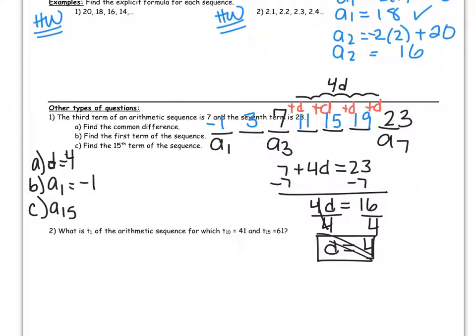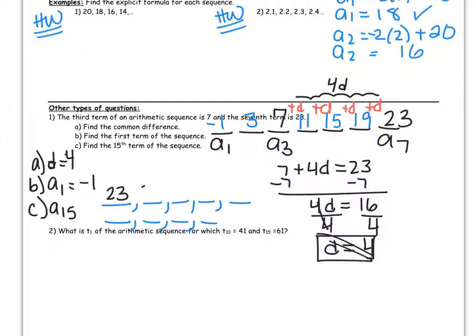We could write a formula, but it may not be a bad idea to just keep counting. So we'll say part C is a sub 15. So we have the 7th term, 8, 9, 10, 11, 12, 13, 14, 15. So we know, like I said, the 7th term is 23. So we're just going to add 4 each time.